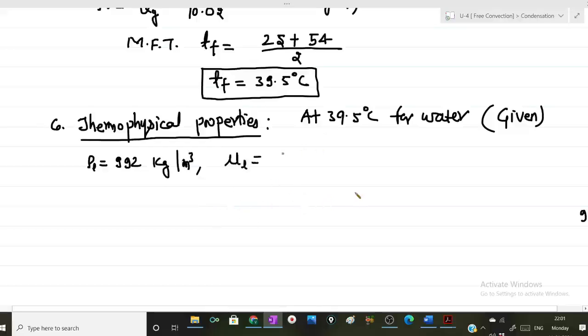Mu L is equal to 663 into 10 to power minus 6 Newton second per meter square, and KL is equal to 0.631 watt per meter degree Celsius.